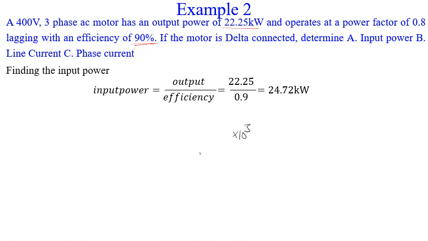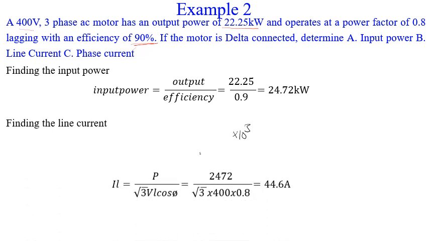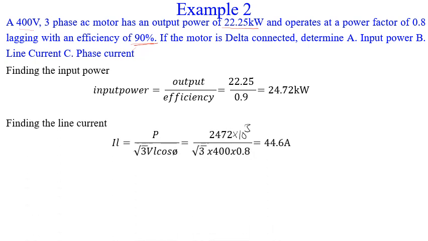To calculate the line current, we use the power formulas I gave you previously. They've given us the voltage and the power factor, so we can use one of the formulas I quoted and make IL the subject. IL is equal to the power divided by root 3 VL cos phi, where cos phi is the power factor.